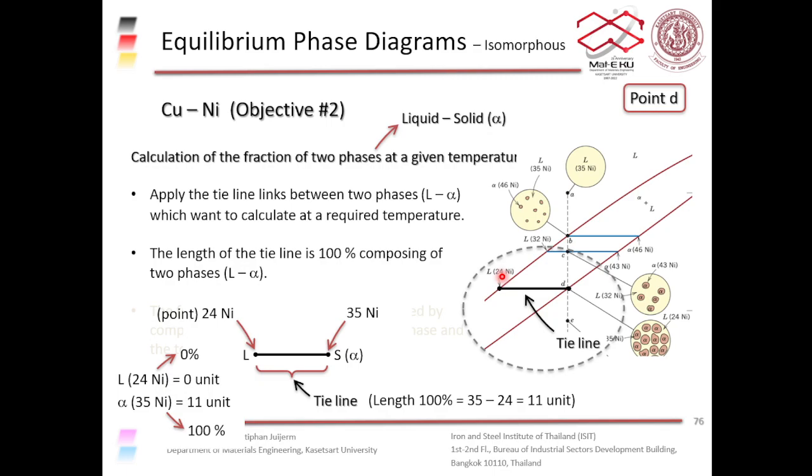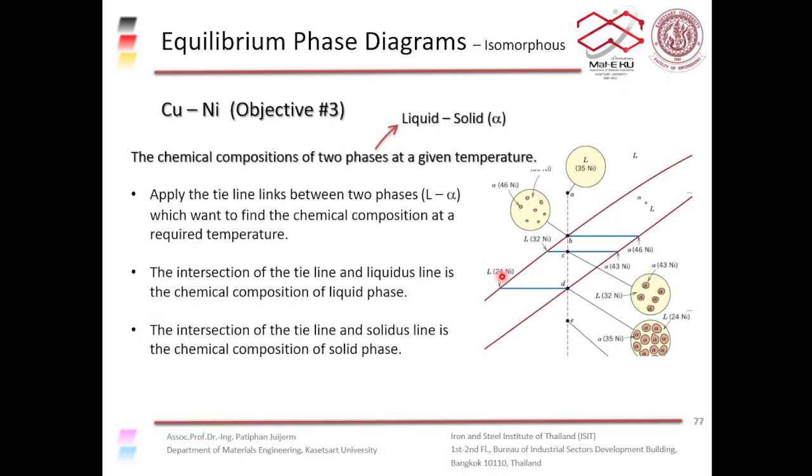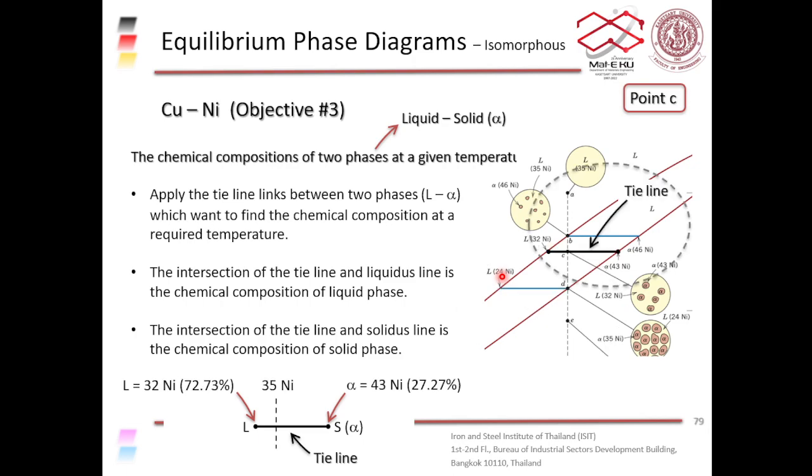Okay, so you might be wondering which side represents the solid, which side represents the liquid, right? But if you look at each of these tie lines, you can think of your point of interest as the dividing point of the tie line, right?